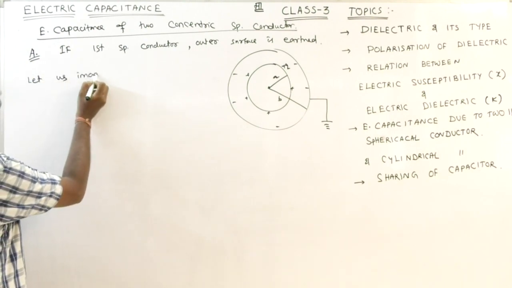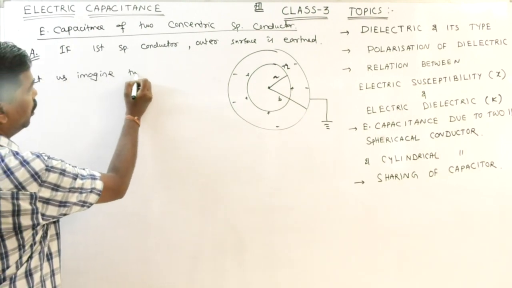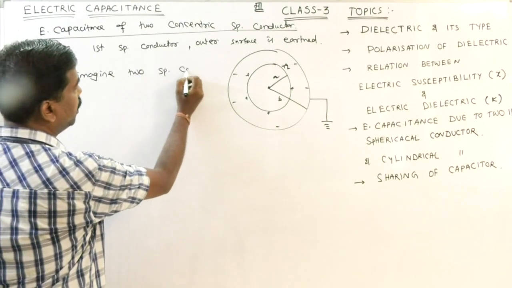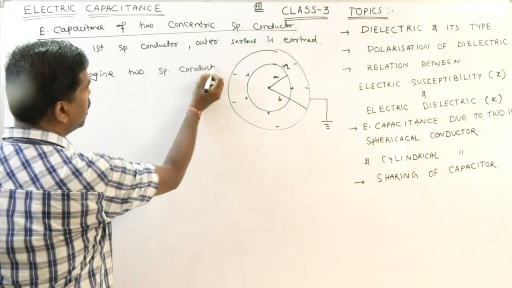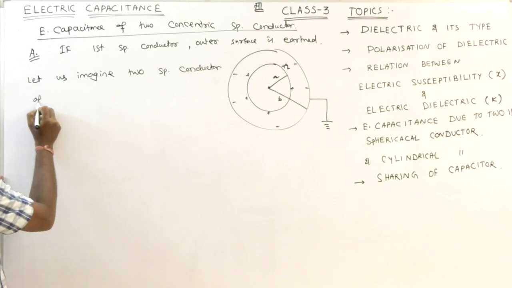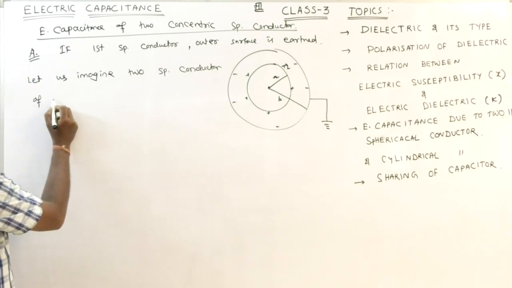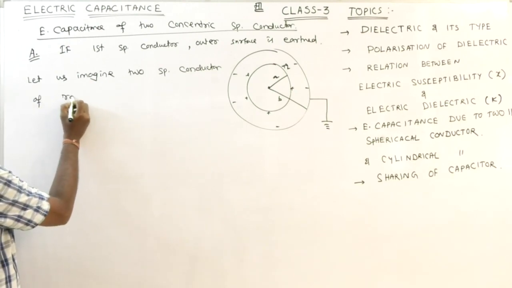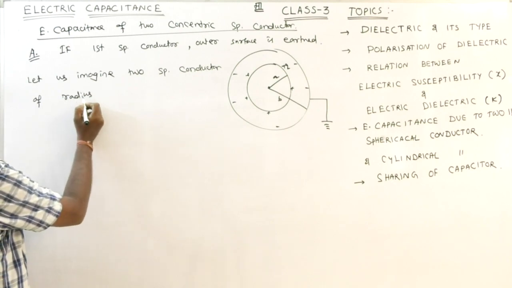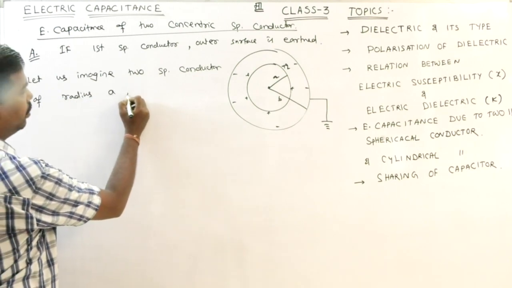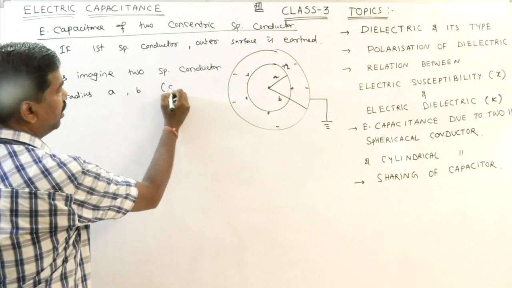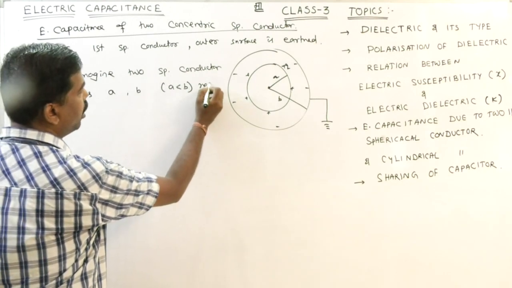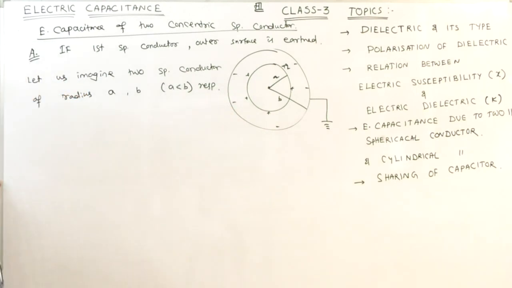Let us imagine two spherical conductors of radius A and B respectively.